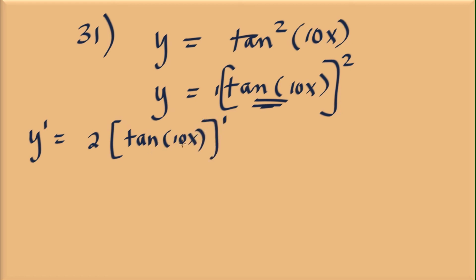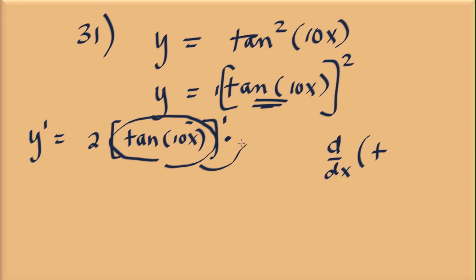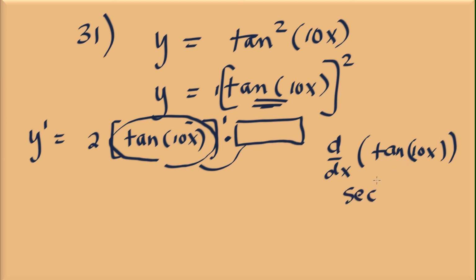Now, what is the derivative of tangent? Because we're going to multiply this by the derivative of tangent 10x. So what is the derivative of tangent 10x? Secant squared 10x. And then, because it's not plain x, you have to times 10.